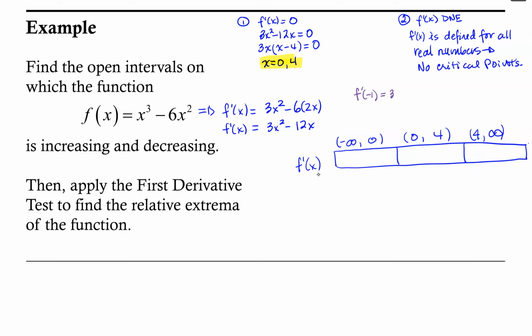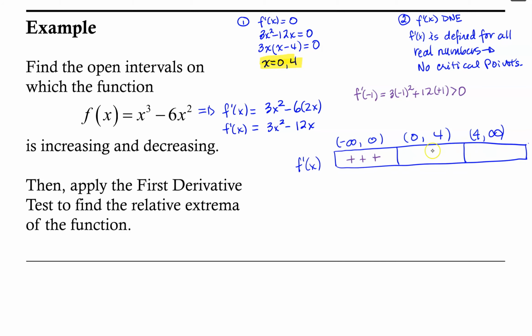That's going to be 3 times negative 1 squared, so that's a positive 3, minus 12 times negative 1. And really, we're not interested in that value, we're just interested in the sign. So I have a positive 3, and this is going to end up being plus 12. So this is going to be a positive value, which means that in the interval from negative infinity to 0, my derivative will be positive.